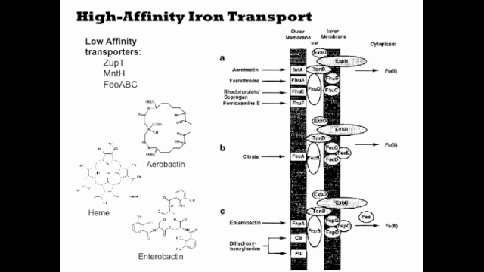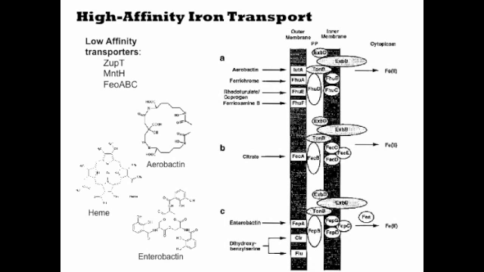First of all, there is low-affinity iron transport. Low affinity meaning the concentration of iron that is required to have a significant, measurable flux through this pathway is on the order of 1 micromolar, which is a lot. And there are 3 transporters that can specifically transport free iron directly from the extracellular environment into the cytoplasm: ZupT, MntH, and FeoABC.